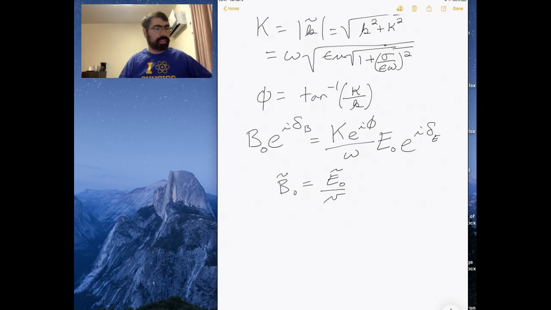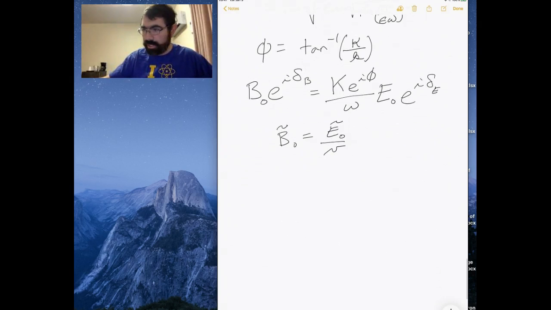Okay, so now that we've done that, I can look at this equation and try to rearrange things. What we have is the real amplitude B is equal to this real number, capital K, divided by the real number, which is the frequency, times the electric field's amplitude, the real part.